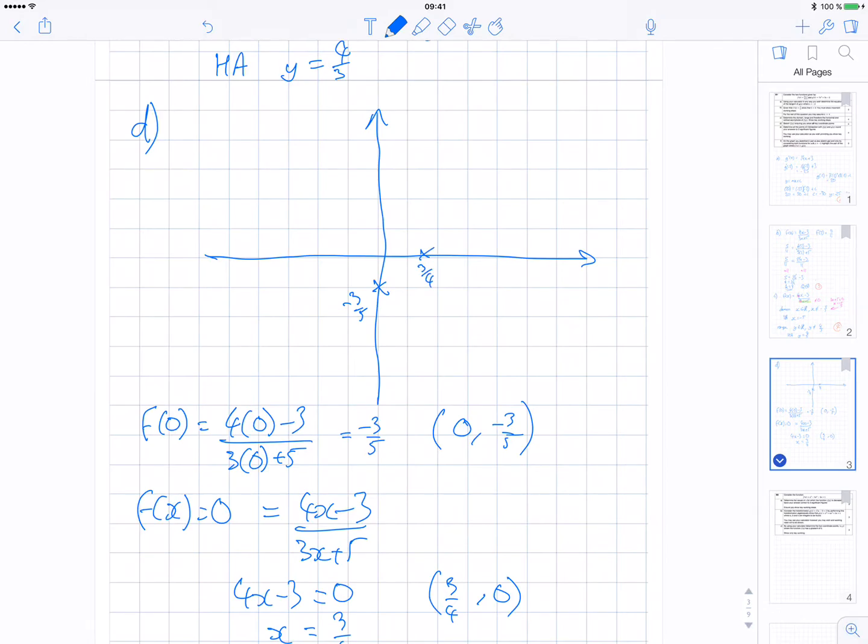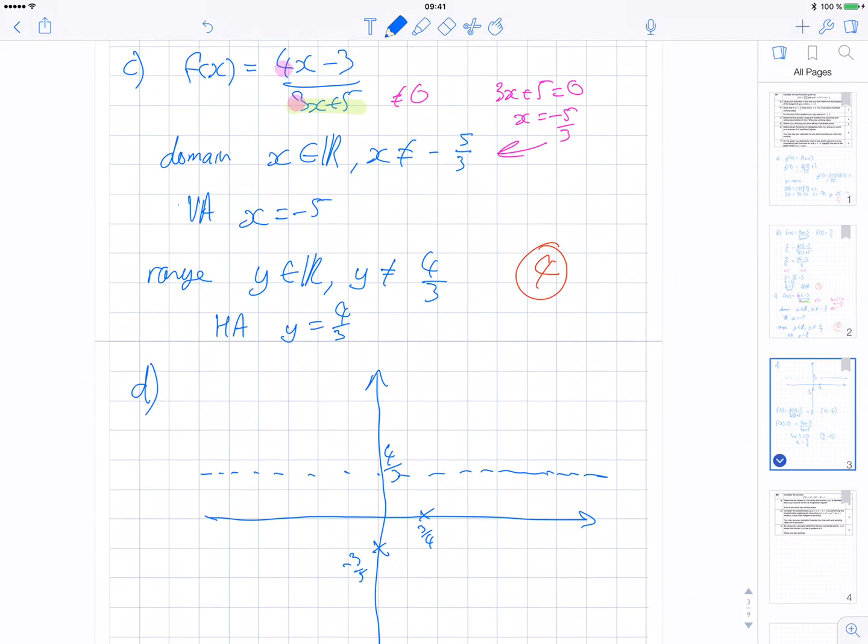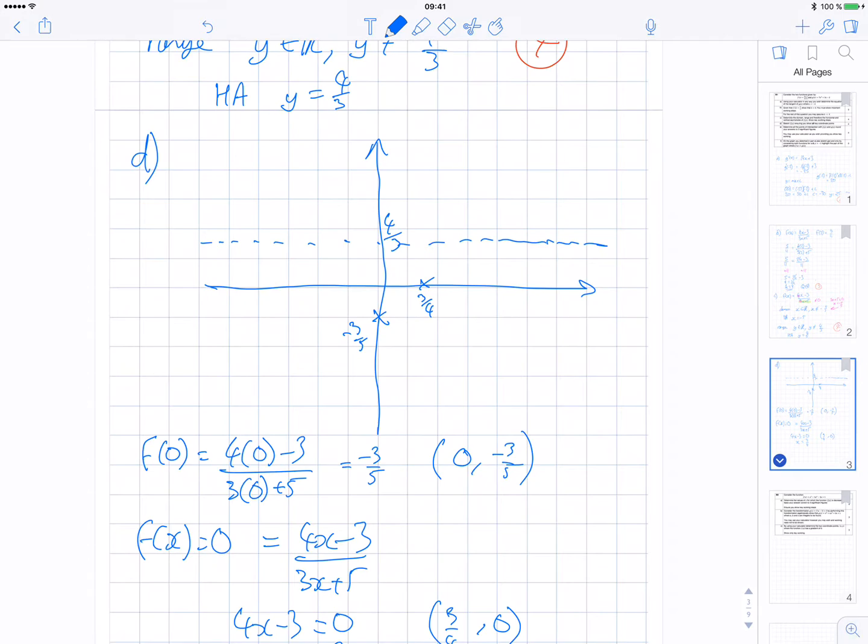We know the horizontal asymptote is 4 over 3, and the vertical asymptote is at minus 5. Something like this.